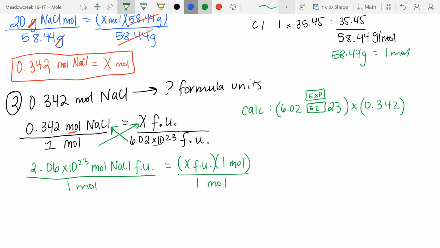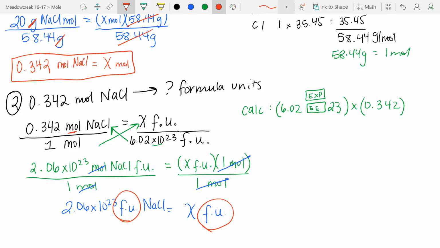By doing so, I notice that 1 mole and 1 mole cancel out, my moles cancel out, and my X number of formula units is equal to 2.06 times 10 to the 23rd formula units of NaCl. At the end, my units on both sides match up, so I know that I've solved my problem correctly and gotten the right answer. Okay.